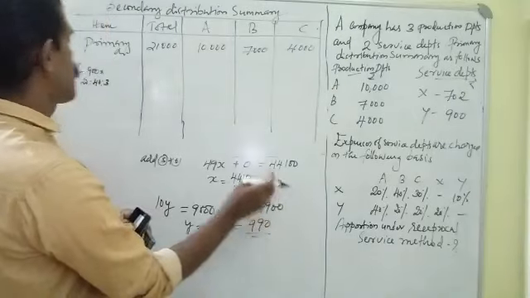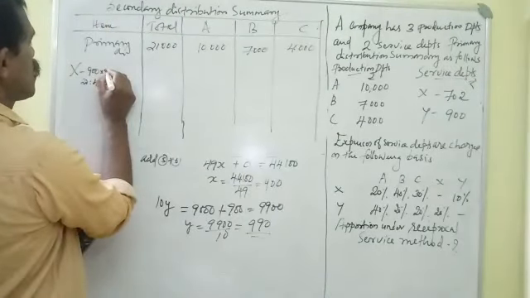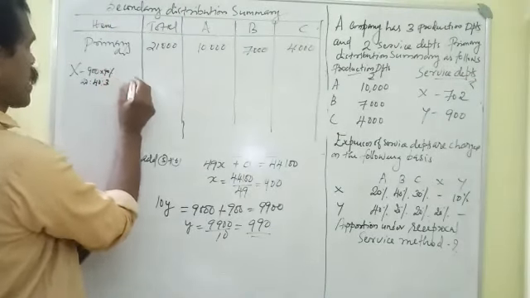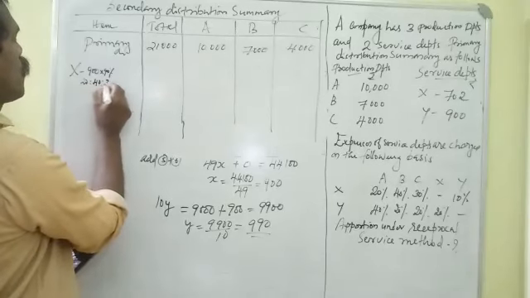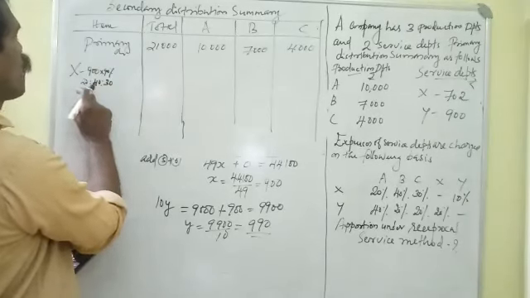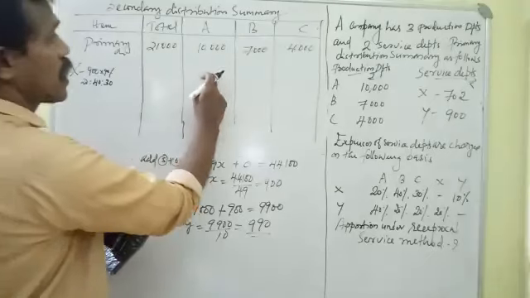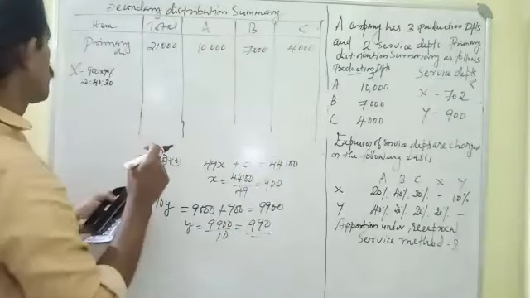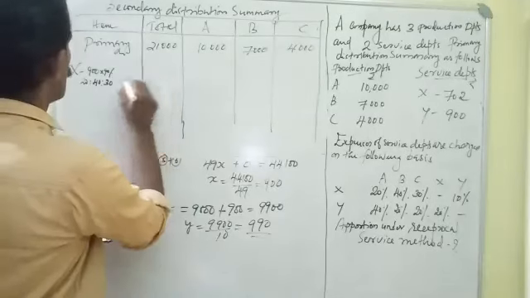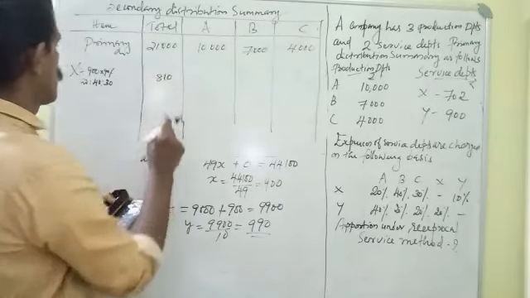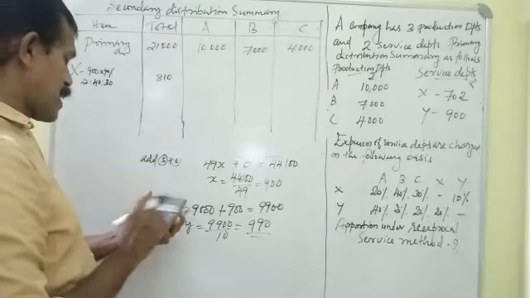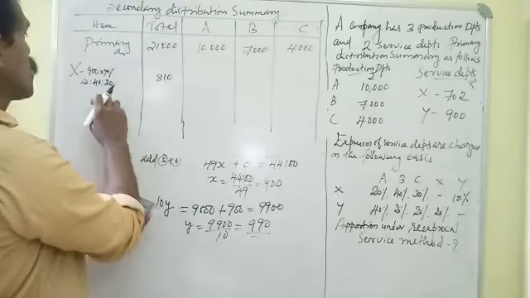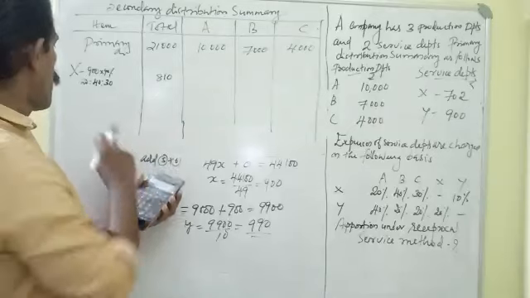So 90% of 900, in the ratio of 2, 4, 3 to this A, B and C. Then this 90% we know is 810. We distribute this 810 in the ratio of 2, 4, 3.